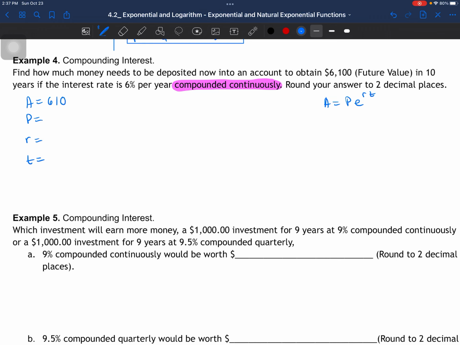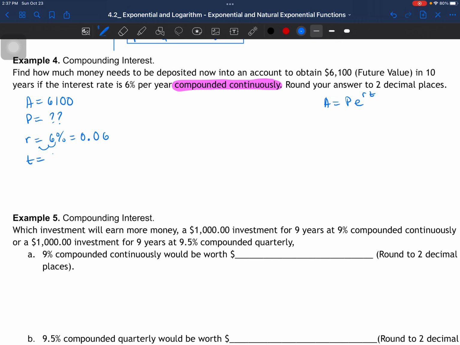That means your initial amount, so that in the future the final amount is 6,100. So what they're asking us here is to let the final amount be 6,100 and find out how much is your initial investment, which is your P.